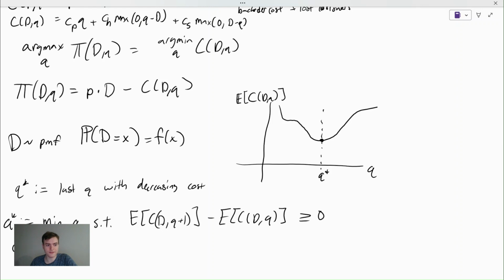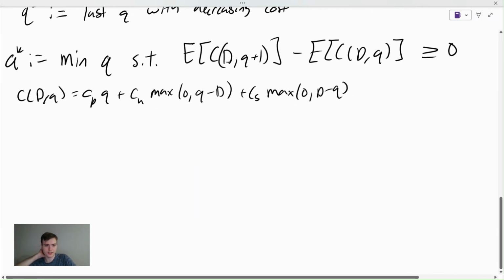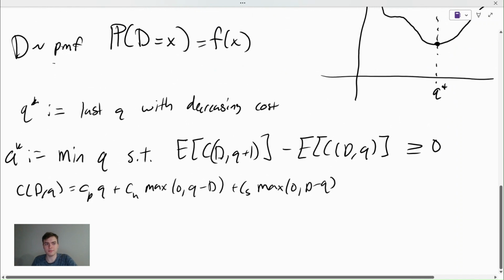C of dq equals CPQ plus CH max 0, Q minus D, plus CS max 0, D minus Q. Perhaps I even should have done this before moving on. This maximum, we want to write in terms of this PMF, right? So we have the distribution of D fully defined.